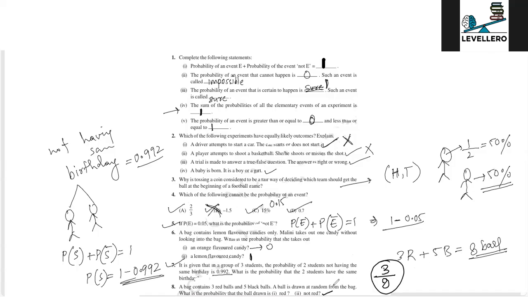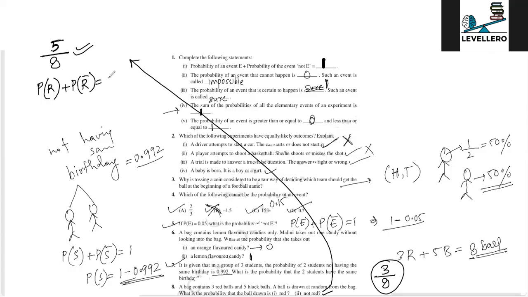For this one, we can actually find the answer using 2 methods. Number one, the favorable outcomes of not having a red ball are the remaining balls, which is 5, which are black, over 8. So this is one way of getting the answer. Another one is probability of a red ball plus probability of not getting a red ball is equal to 1.